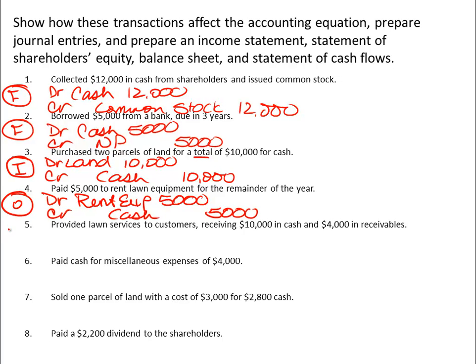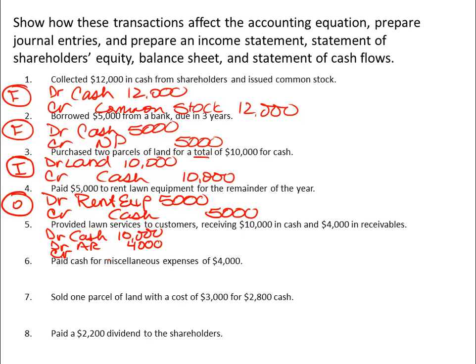Number 5, provided lawn services to customers. So we sold customers some lawn services. So we received $10,000 in cash. So I'm going to debit cash, $10,000. And the customers also still owe me $4,000 in receivables. And we remember that's called accounts receivable.